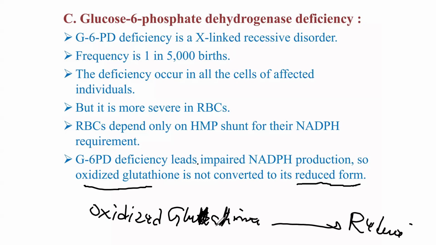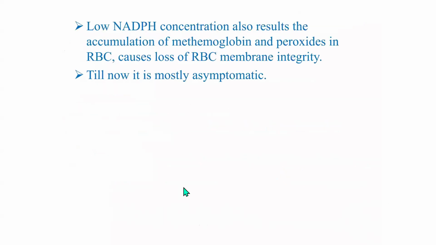And it is this reduced form that is used in scavenging the oxidant, and the oxidant can be hydrogen peroxide or methemoglobin.